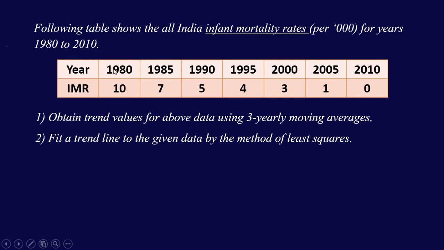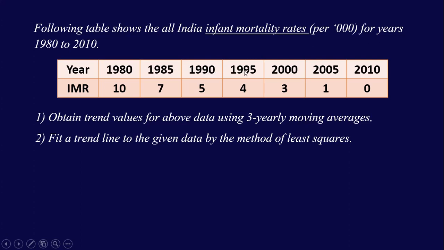Values of t are 1980, 1985, 90, 95, 2000 and so on. Now 1, 2, 3, 4, 5, 6, 7. These are 7 observations. Now if we observe the difference between two successive years, 1980 and 1985, it is 5 years. 1985 then 1990, the difference between these two is 5.